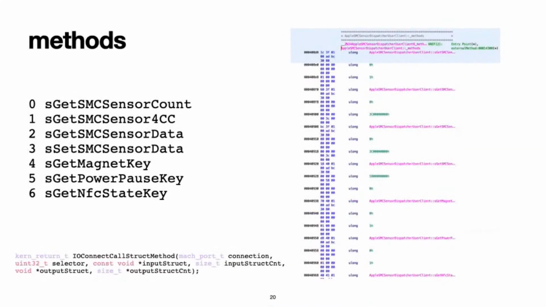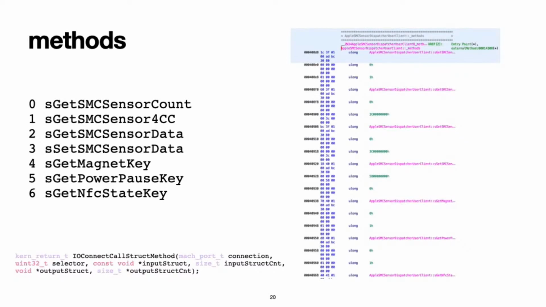Kernel space method we can call. When we decode the Apple SMC sensor dispatch user client method table we mentioned, we can find the dispatcher could handle 7 different methods. We'll use the first 3 of them to get some SMC sensor data.